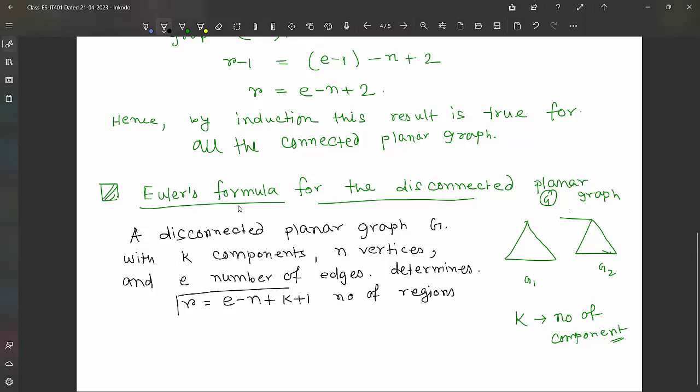In the previous one we have seen that R is equal to e minus n plus 2, but instead of 2 you will now see the k plus 1 term here. That means R is equal to e minus n plus k plus 1 number of regions.